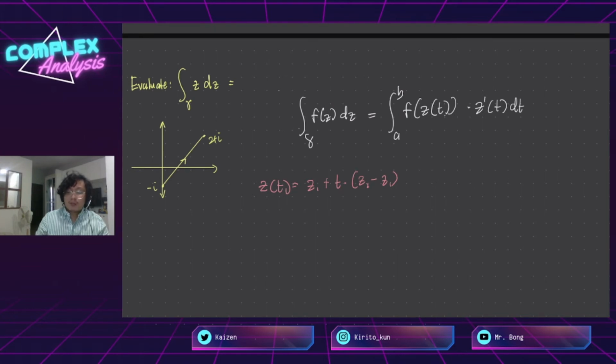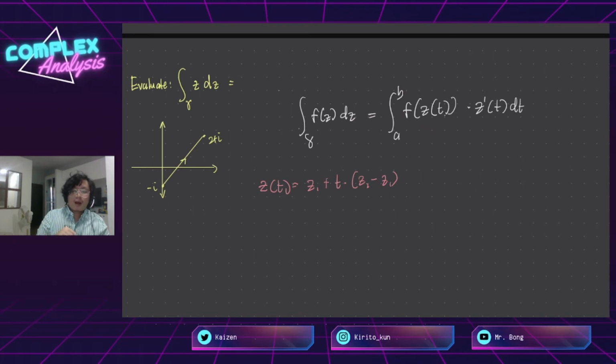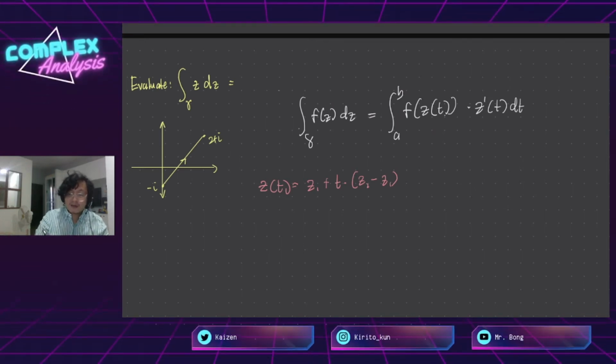Then, because our path or direction is from negative i to 2 plus i, our z sub 1 is equal to negative i, and our z sub 2 is equal to 2 plus i. So let's substitute those values in our equation.